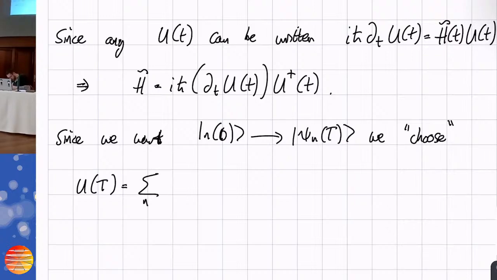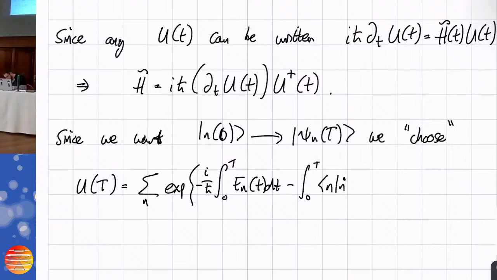Sum over n, e to the minus i over h bar integral of t, so my dynamic phase, my geometric phase, and then I have the nth eigenstate at t producted with the initial state. Okay? So really all I have written down here is what my unitary is.